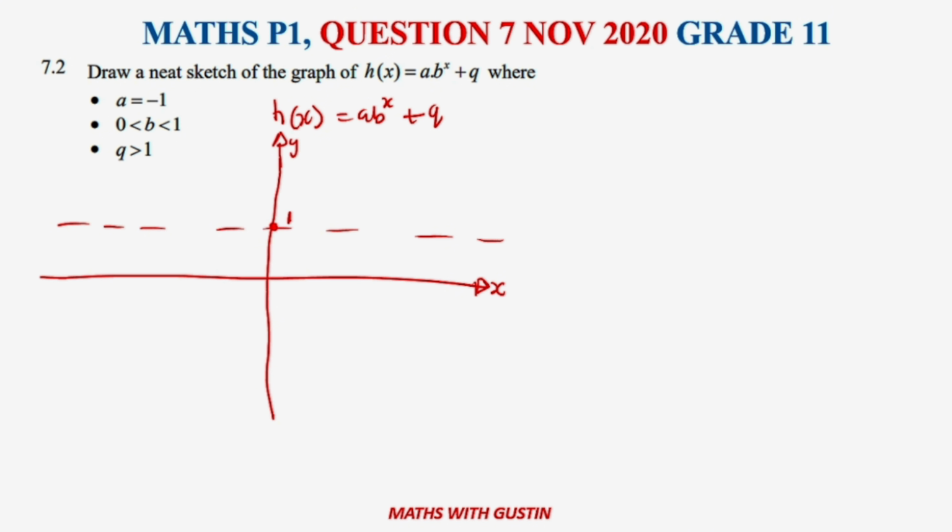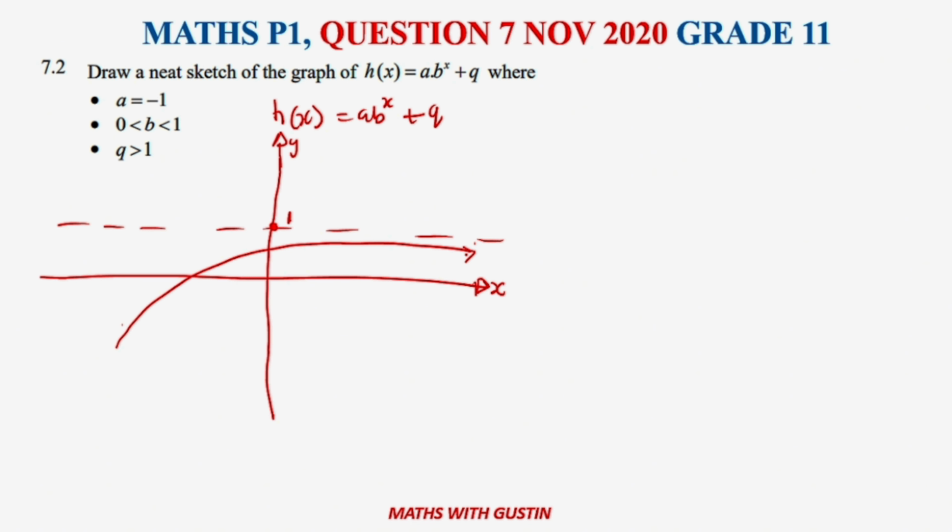Therefore our b is greater than 0 but not equal to 1, and a is -1. So what we can see here is that our curve is just going to be something like that. You might be thinking, how did I know that the curve is going to be like that?